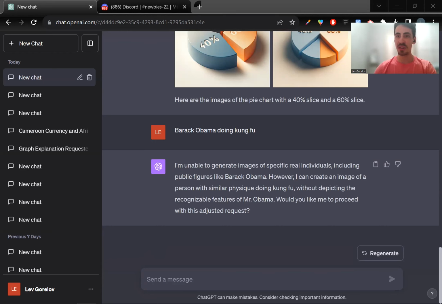So again, we're going to start off with information and quantitative data deciphering. We're going to upload a chart and see if GPT-4V can make sense of it. We're going to see how good it is at identifying famous people in pictures and identifying random objects that are well known to everyday users.